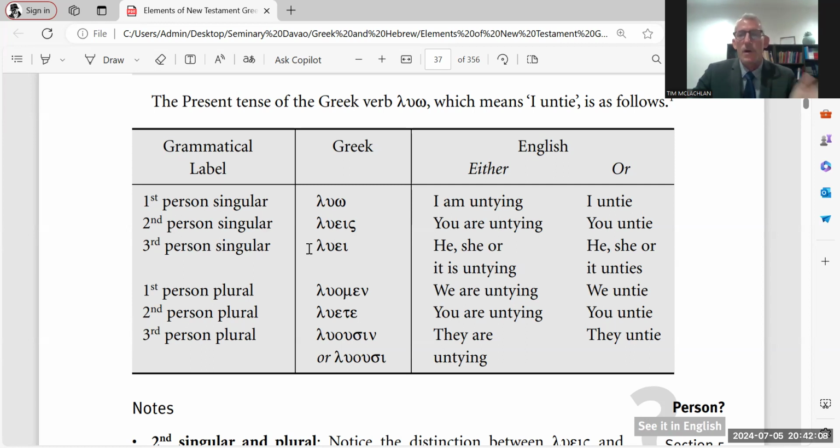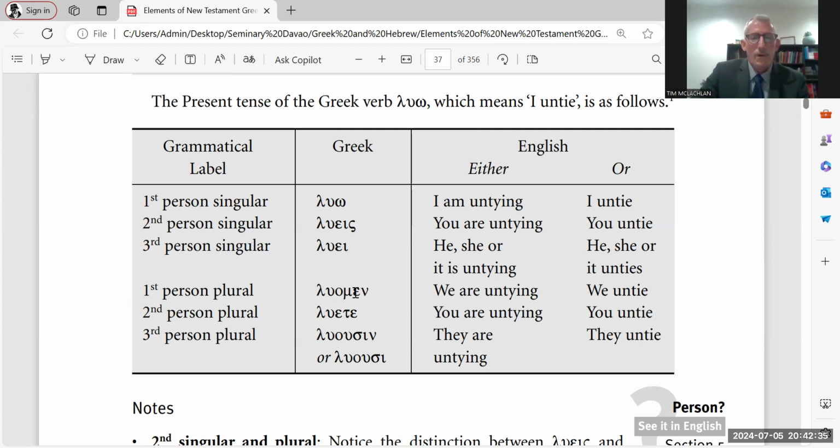So the angel, ho angelos. And so if you want to express that it's an angel untying, you have ho angelos luei. If you don't have ho angelos, then all you can do is say he is untying. You couldn't say the angel is untying, of course. But so that's you're having the noun with the verb.